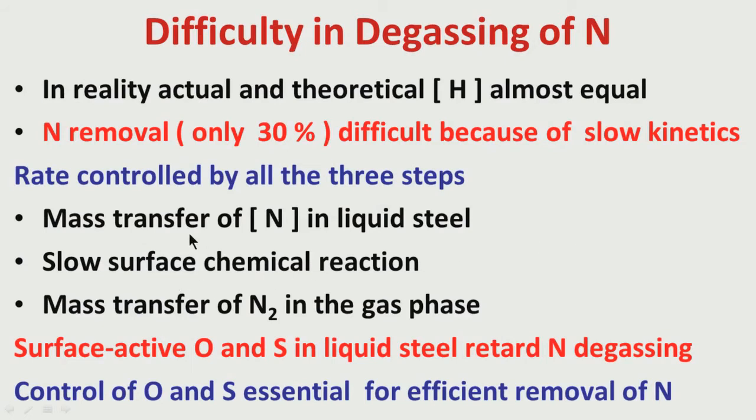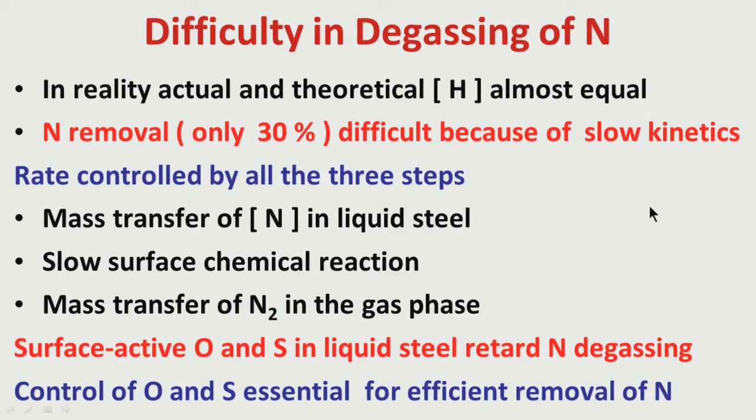That is why not only is the transfer of nitrogen in liquid steel slightly slower compared to hydrogen, but the reaction from nitrogen to nitrogen gas at the surface is also slow, because many of the sites are already occupied by oxygen and sulfur. Therefore, the more oxygen and sulfur in liquid steel, the less nitrogen at the surface. So, here again control of oxygen and sulfur is coming into the picture.